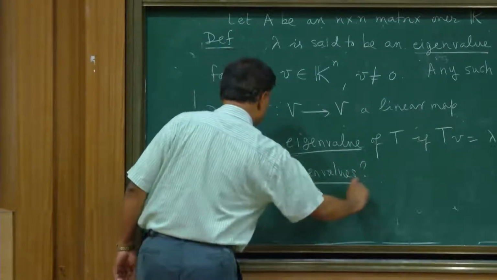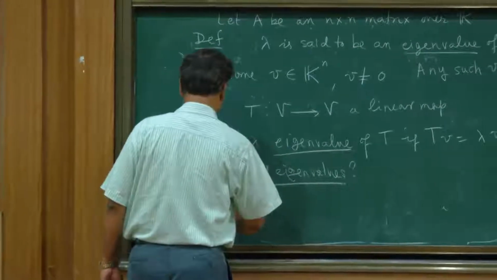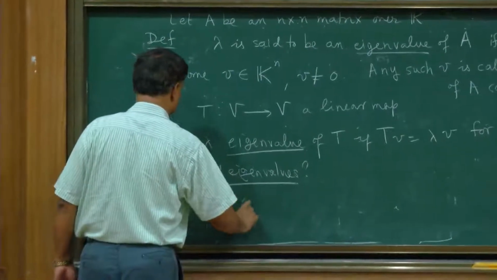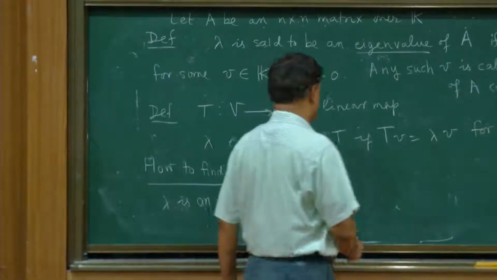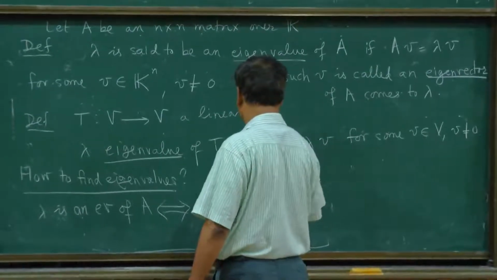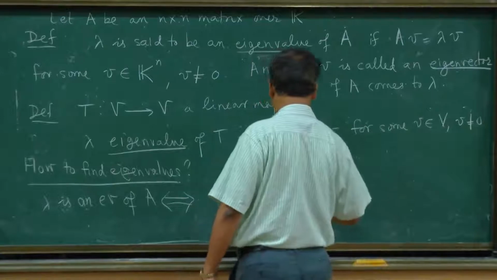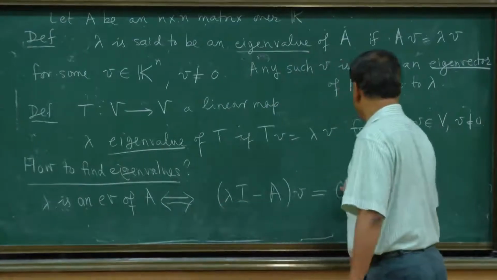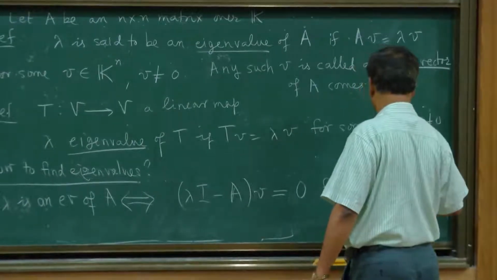You observe that lambda is an eigenvalue of A if and only if lambda I minus A applied to V is equal to 0 for some V not equal to 0.